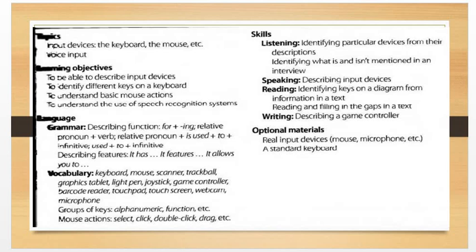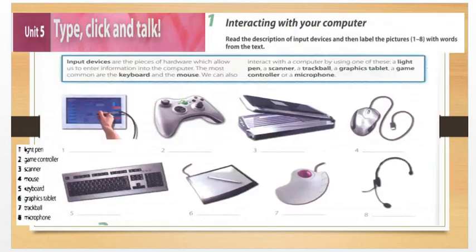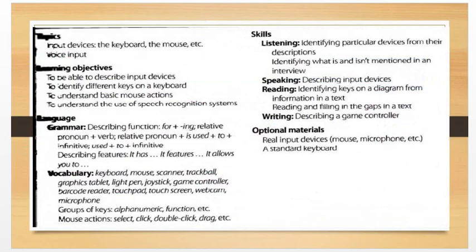Okay, the first unit of this module, which is Unit 5, is Type, Click and Talk. So what are the topics that we are going to discuss in this unit? The input devices, the keyboard, the mouse, etc. Voice input.